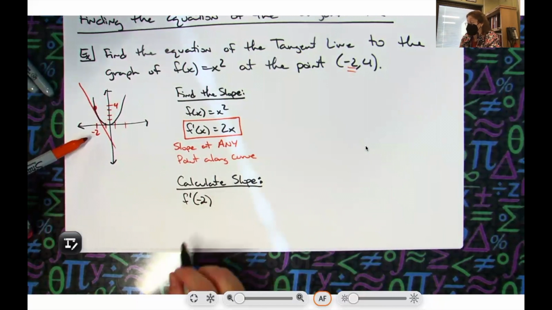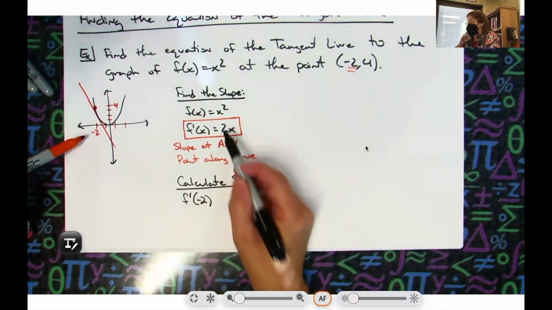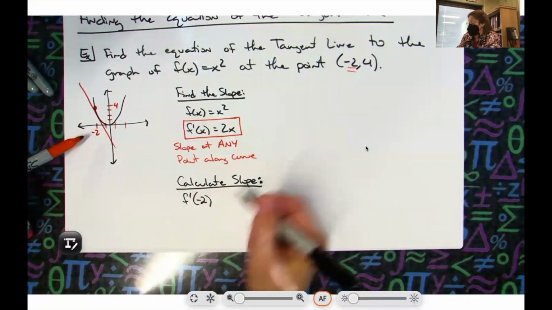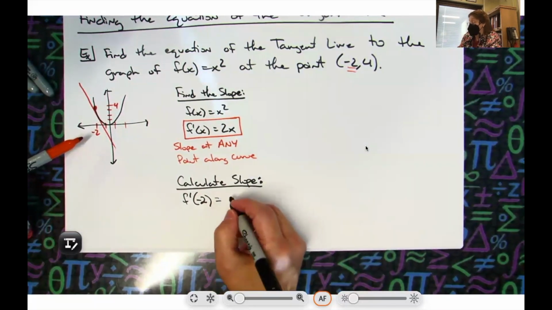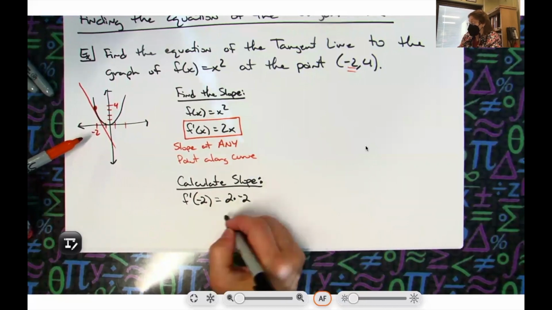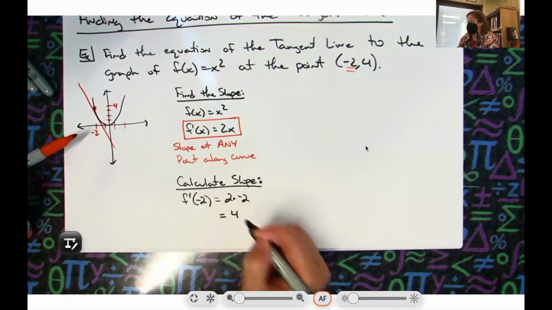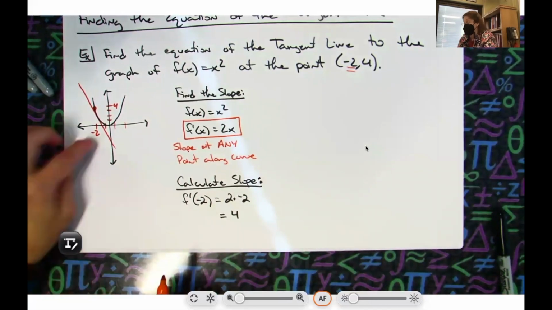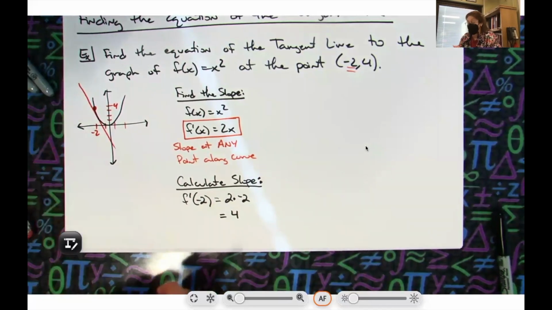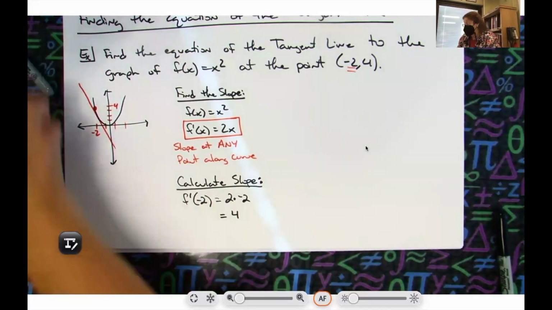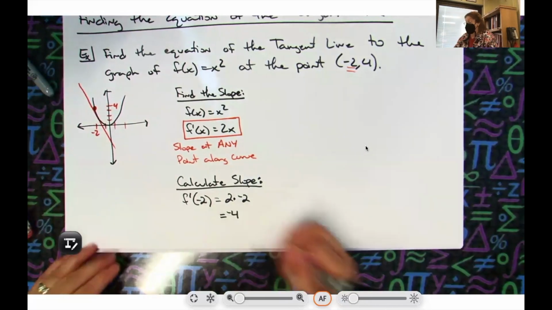Function notation says I'm taking negative 2 and plugging it into my derivative. My derivative is right there, so I'm going to plug it in. 2 times negative 2, which means negative 4. So my actual slope at the point that I am concerned with is negative 4.